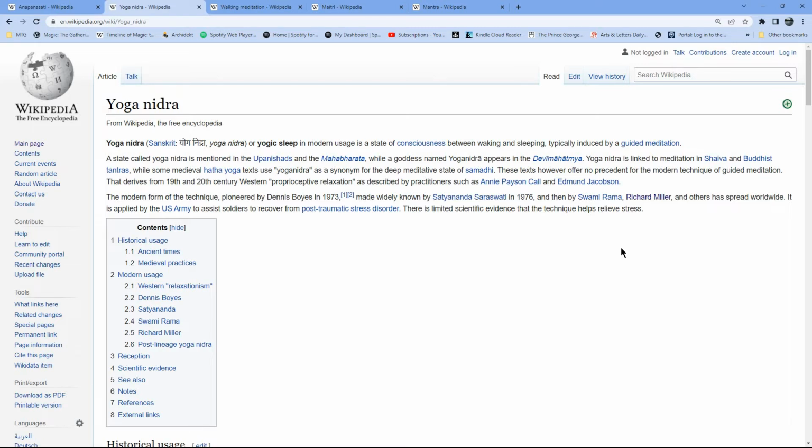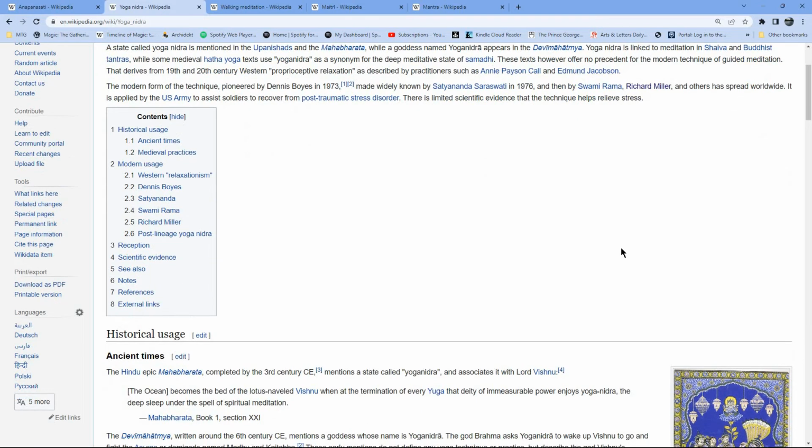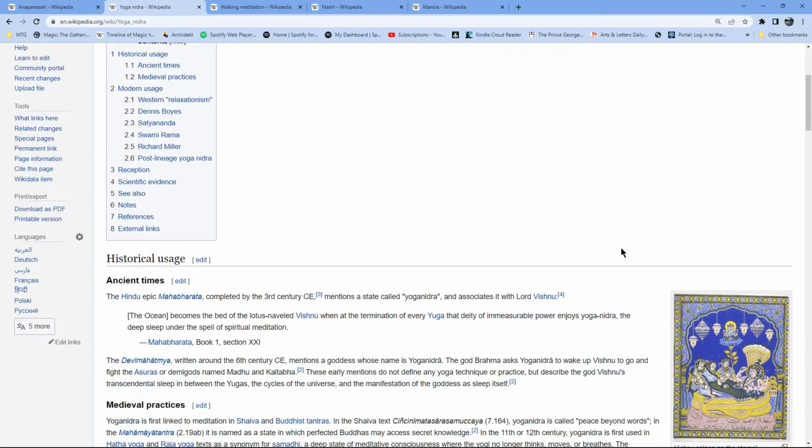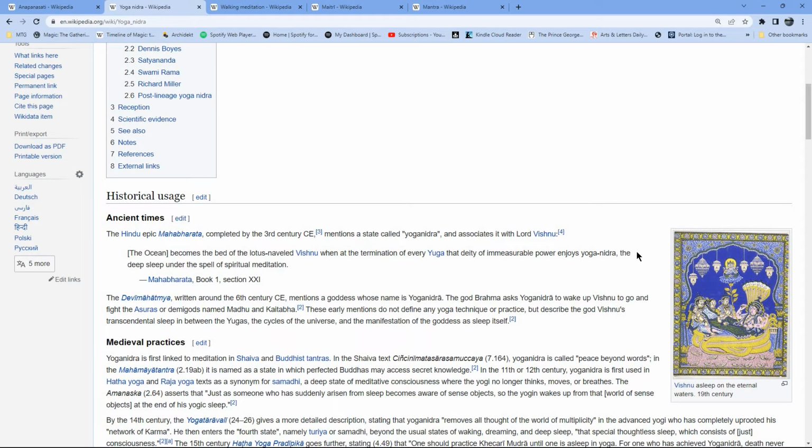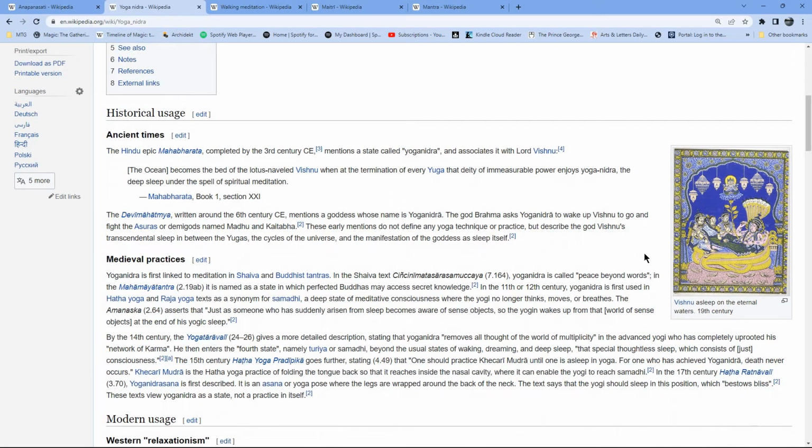But what I wasn't really aware of until recently is how it's possible to map body scan techniques back to practices of yoga nidra or yogic sleep. And so this is another interesting meditation area to look at, or relaxation area to look at, and that is this whole practice of scanning the body. Again, you can practice this in various ways.